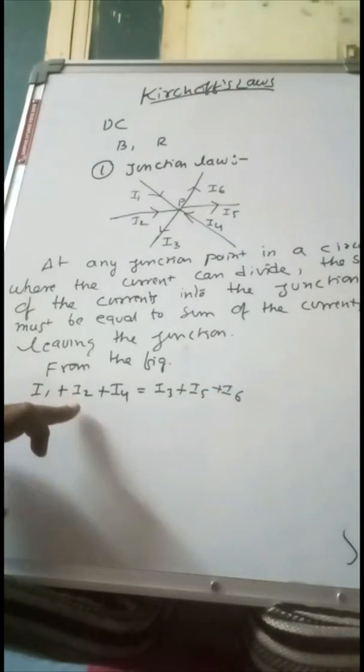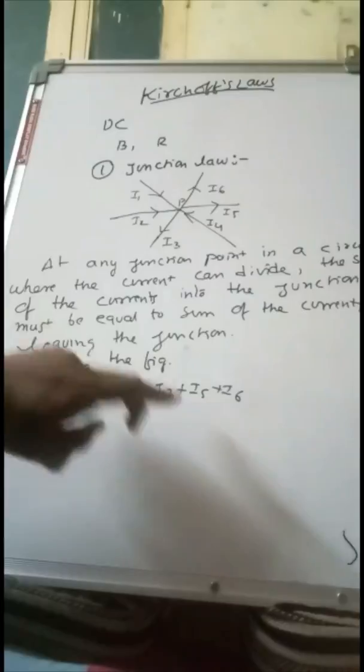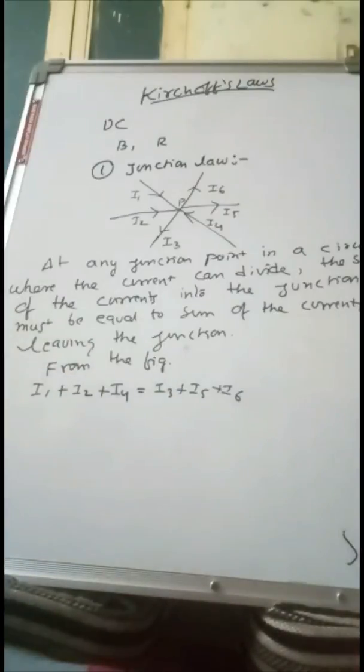The sum of the currents into the junction is equal to the sum of the currents leaving the junction. This law is based on conservation of charge. That means there is no accumulation of electrical charges at any junction in a circuit. This is called the law of conservation of charge. So this junction law is based on conservation of charge.